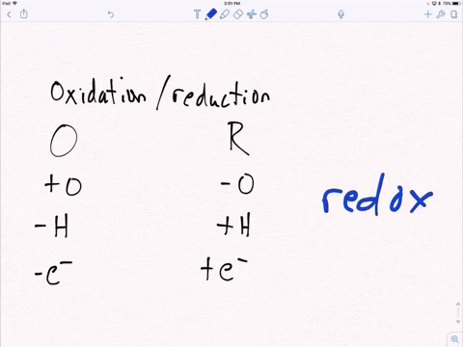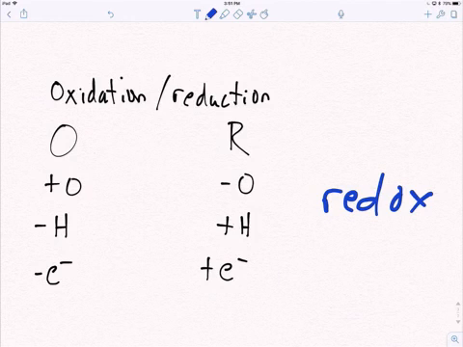We talked about making metals. I said it's by carbon reduction. You can take iron oxide, iron +3 or +2, add electrons from carbon to form iron metal. So the iron is accepting electrons. That's reduction. And since oxidation and reduction will always happen together, they happen together by redox.